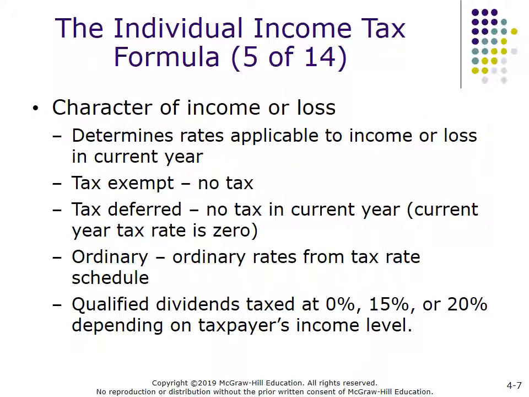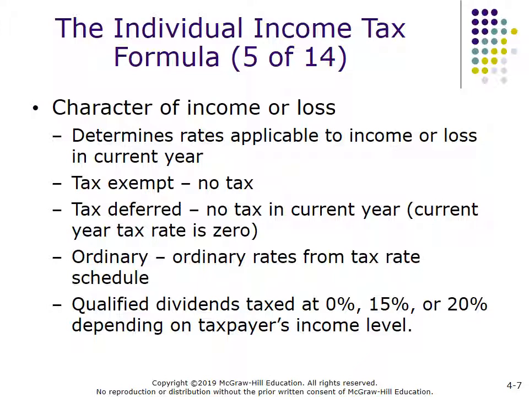The character of income or loss is very important because it will determine what kind of tax is calculated on it. So we have tax exempt, no tax. We have tax deferred, there's no tax in the current year. Ordinary income, and most items are ordinary. Ordinary rates are applied to determine tax, and you use the ones in the tax rate schedule.